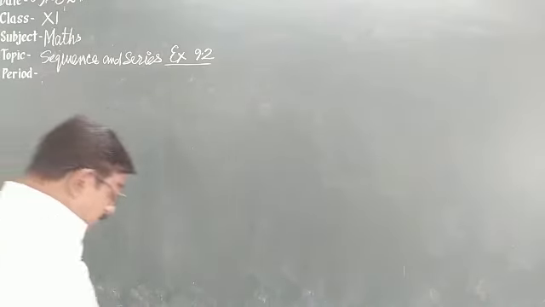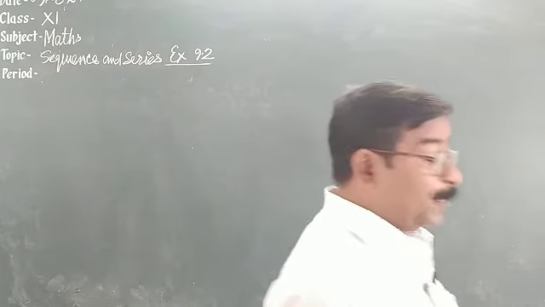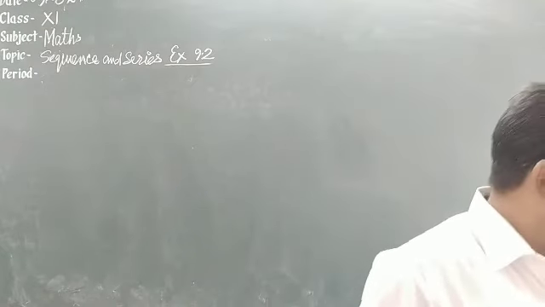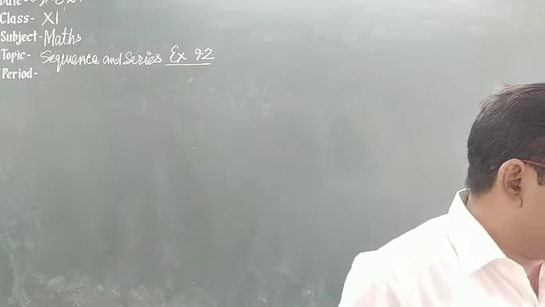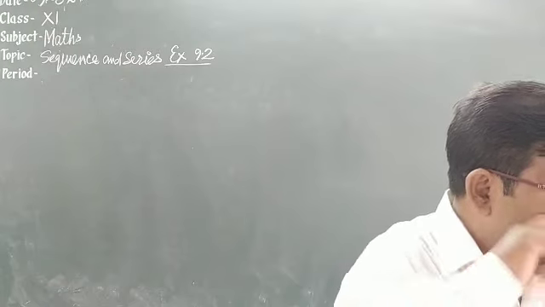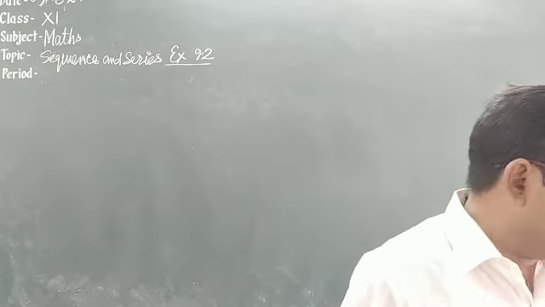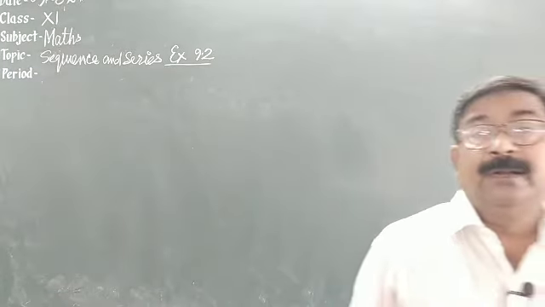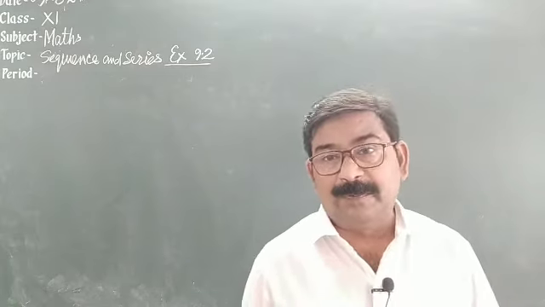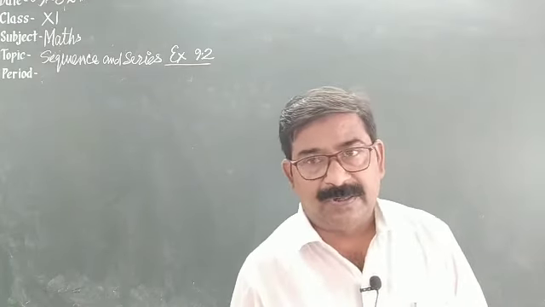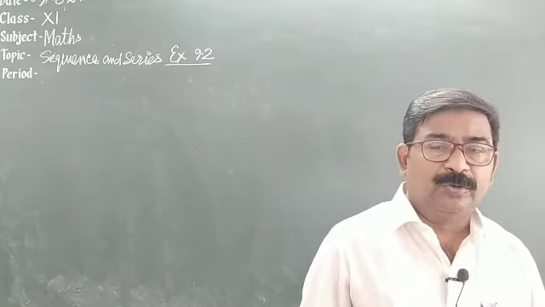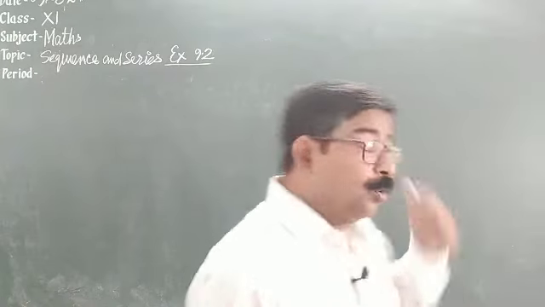In question number 11, let's see what is given. Given that sum of first P, Q and R terms of an AP are A, B and C respectively, then prove that A upon P into Q minus R plus B upon Q into R minus P plus C upon R into P minus Q is equal to 0. So what is given?